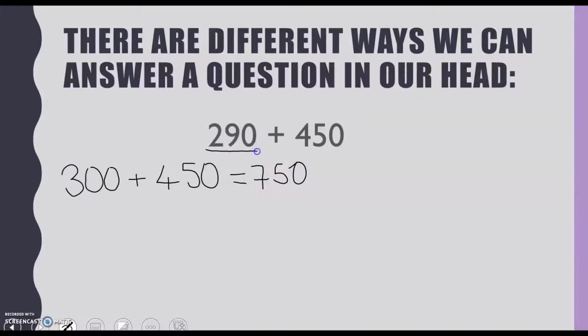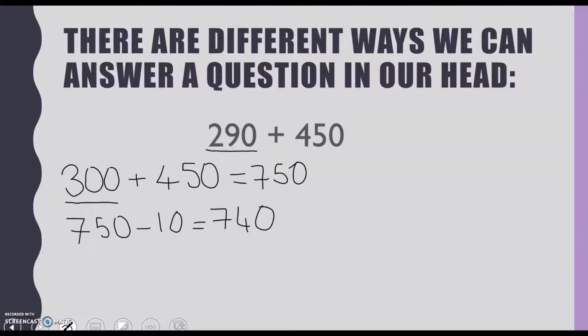But it was really 290. We added on an extra 10 here, so I need to take that back off. So my final answer, what I'm doing in my head, is 750, take away 10, and that would be 740 for my answer. So what I'm thinking there is, well, 450 plus 300 gets me to 750. Take 10 off is 740.